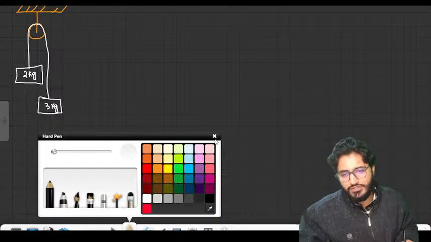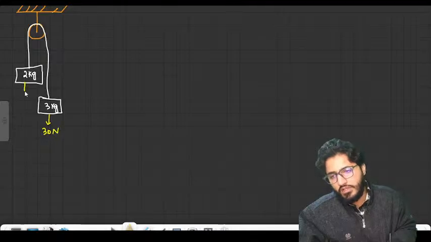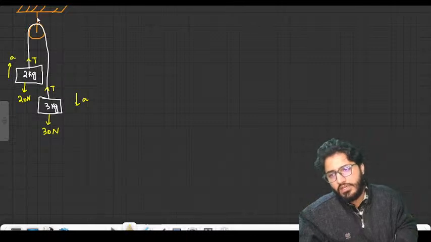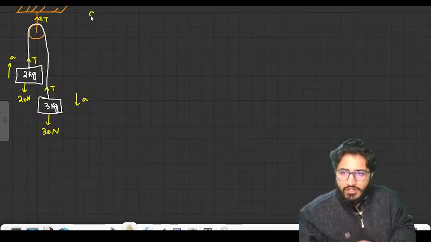Find the acceleration. Look, 3g, 30 Newton, will be downwards, and 20 Newton downwards. Tension up, acceleration down on one side and up on the other. This will be 2T. We know this very well. What will be the acceleration?